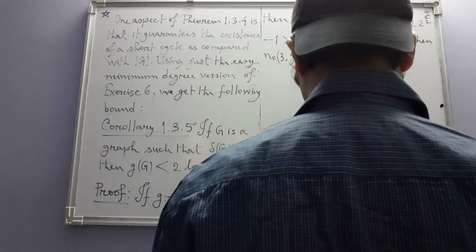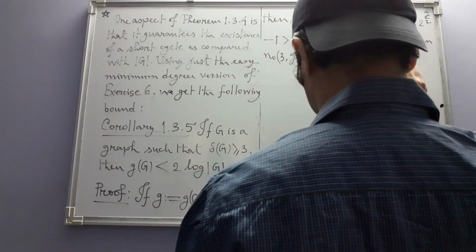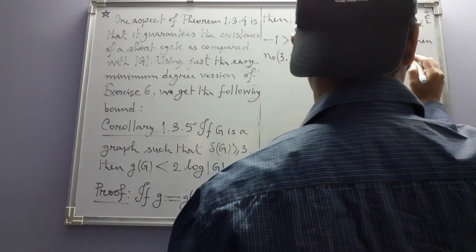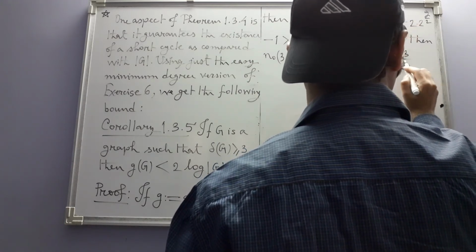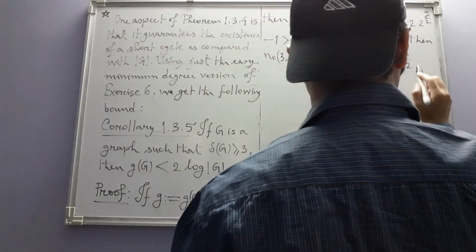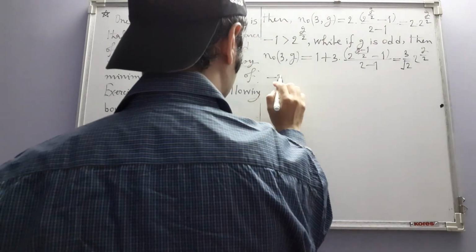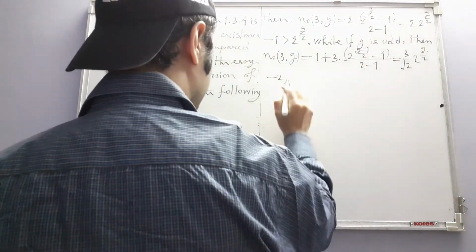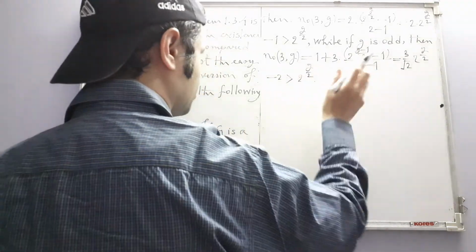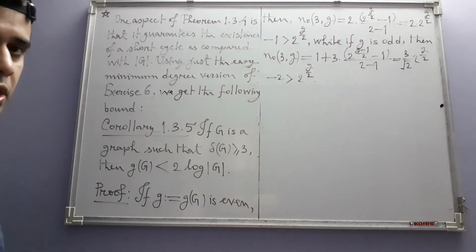So this is equal to, if you simplify things, 3 divided by root 2 times 2 to the power g by 2 minus 2, and this again by a similar argument as the previous one is greater than 2 to the power g by 2.